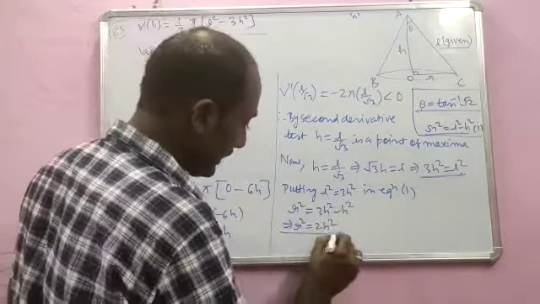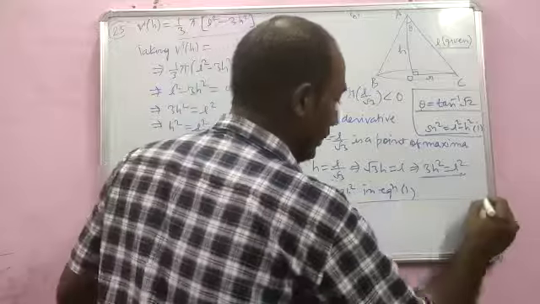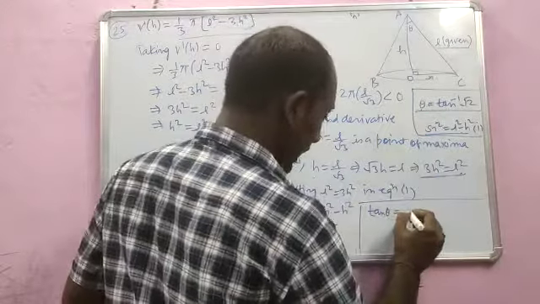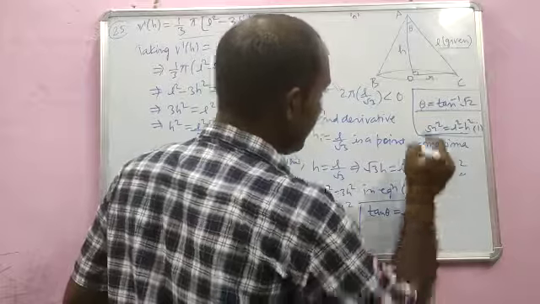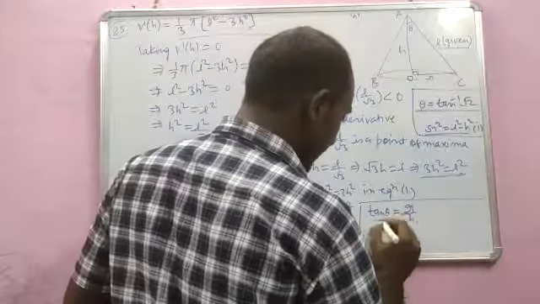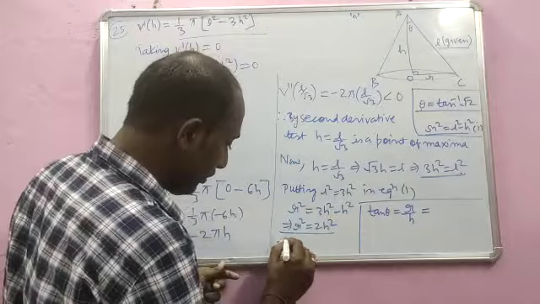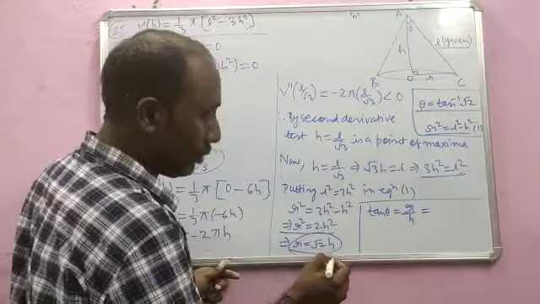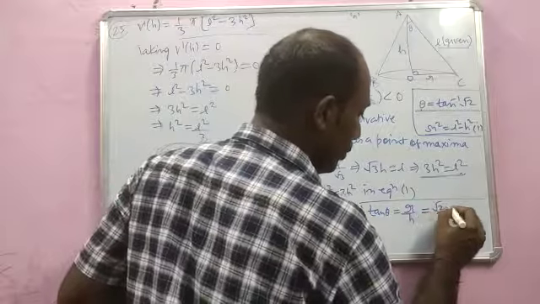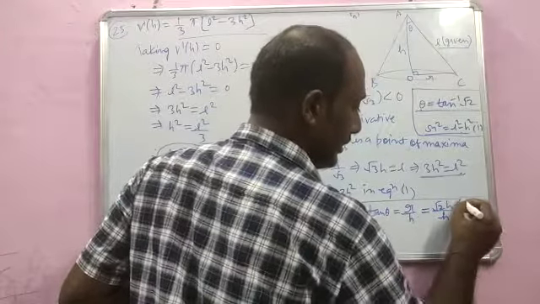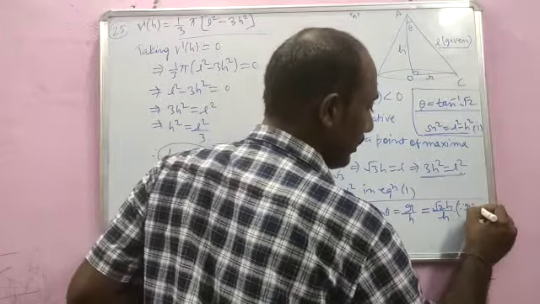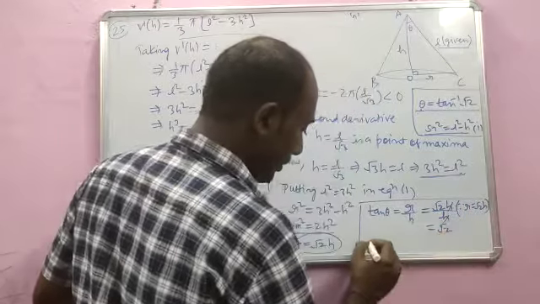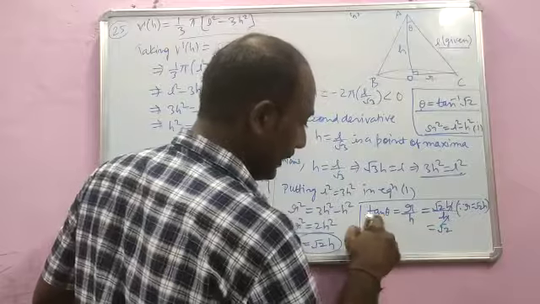So once you get this result, then tan theta is equal to r by h, p by b, and from here you can write r as root 2 h. So r can be written as root 2 h by h. So since r is equal to root 2 h, h will get cancelled. This is root 2. So therefore tan theta is root 2.